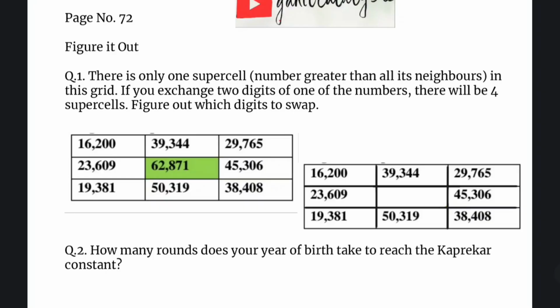Page number 72, figure it out. There is only one supercell number greater than all its neighbors in this grid. So you can see here, the green colored is greater than all neighboring 4 cells. There will be 4 supercells if you exchange 2 digits of one of the numbers. Figure out the digits to swap. If you write down, you convert this to the minimum number.